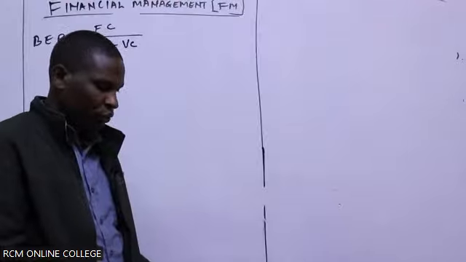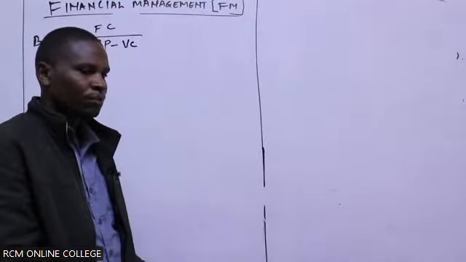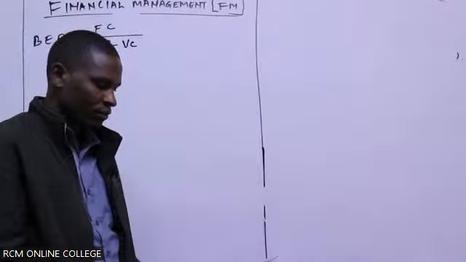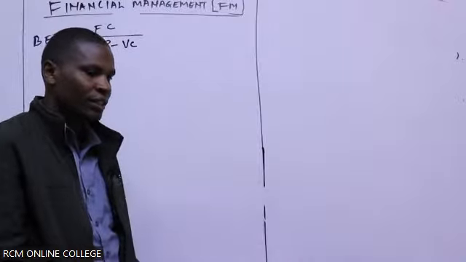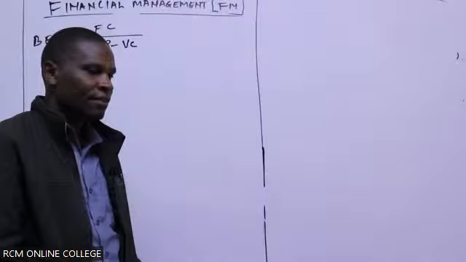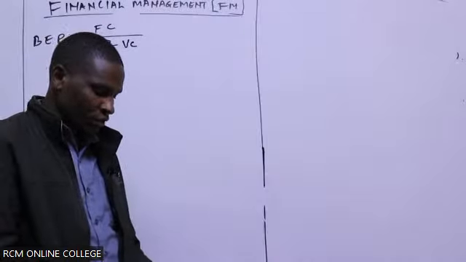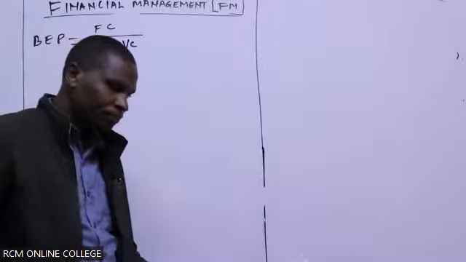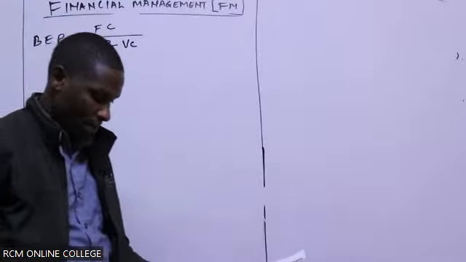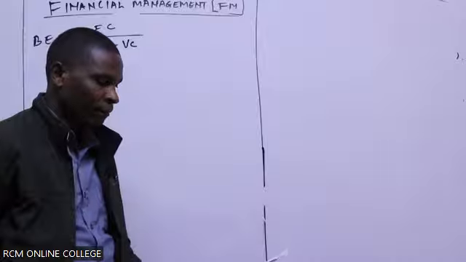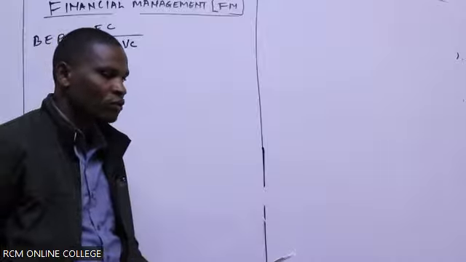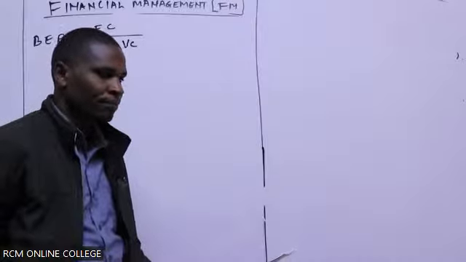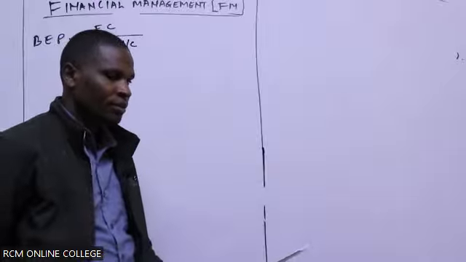So from the question, what do you think is our fixed cost? For quantity, we shall be looking at the break-even point for quantity. What is our fixed cost? Somebody. The firm has a fixed operating cost of, can you see that? Statement 1.